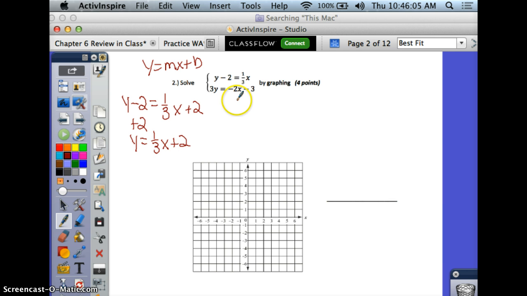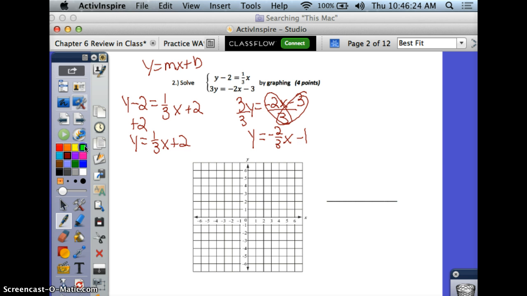Your second line, you have 3y equals -2x minus 3. Divide both sides by 3. Make sure you leave it as a fraction so that you can write your slope: y equals -2/3 x minus 1.